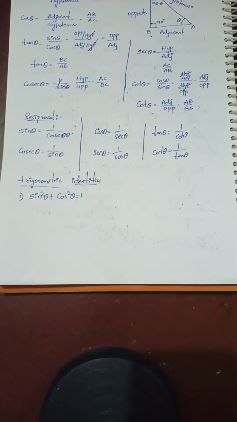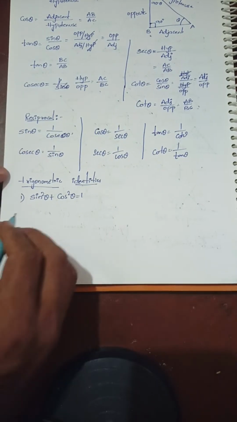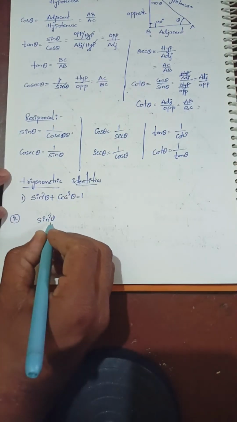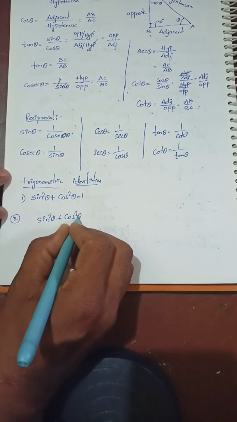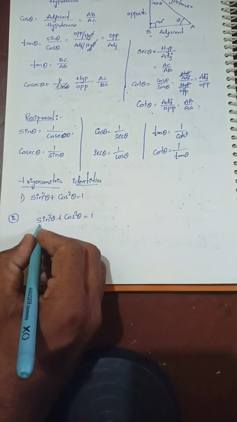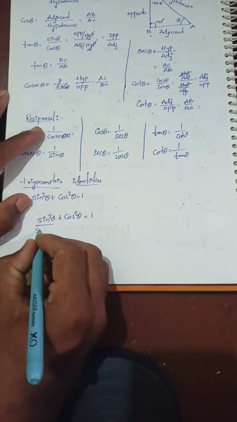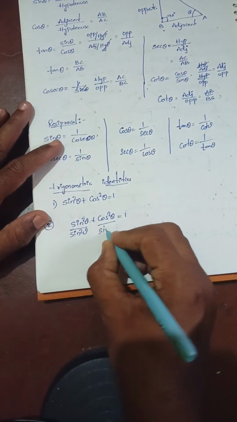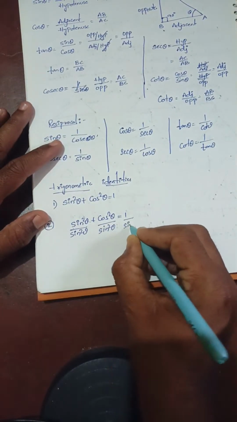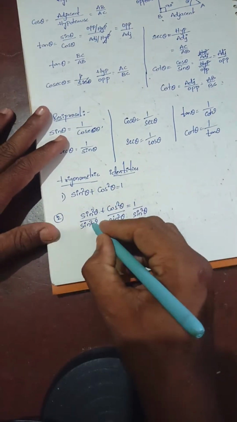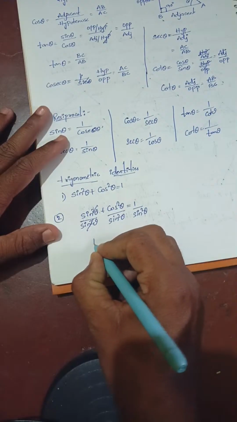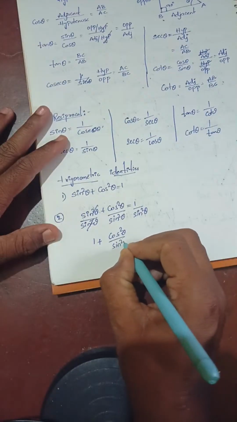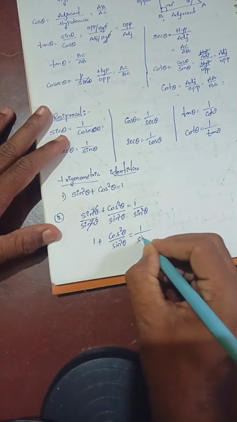If you are forgetting to write the trigonometric identities, we are having one more option to find the second trigonometric identity. See, if I am writing sin square theta plus cos square theta is equal to 1, and dividing by sin square theta on both sides, sin square theta will get cancelled. 1 plus cos square theta by sin square theta is equal to 1 by sin square theta.